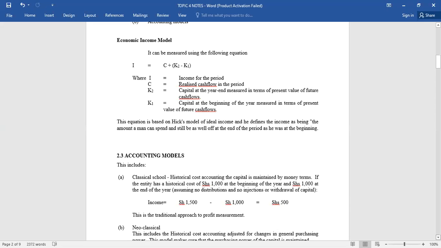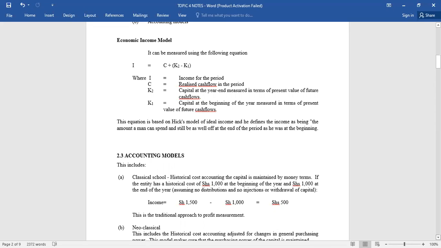So our future cash flows are discounted at the entity's cost of capital. And the maximum that we can spend is what we call the well-offness. So when we are looking at the income and the cash flows, this becomes an essential feature of this model. And the definition of income, if you recall, is consumption and the savings or the de-savings.